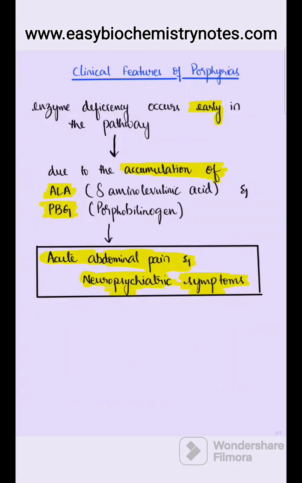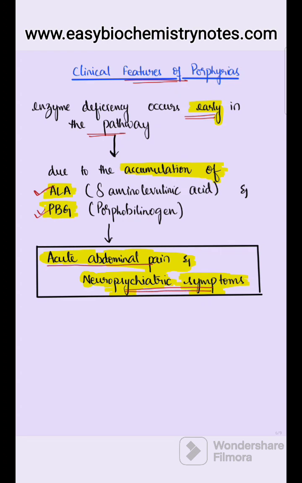Coming to the clinical features of porphyrias, if the enzyme deficiency occurs early in the heme synthetic pathway, because of accumulation of delta-aminolevulinic acid and porphobilinogen, there will be acute abdominal pain and neuropsychiatric symptoms.